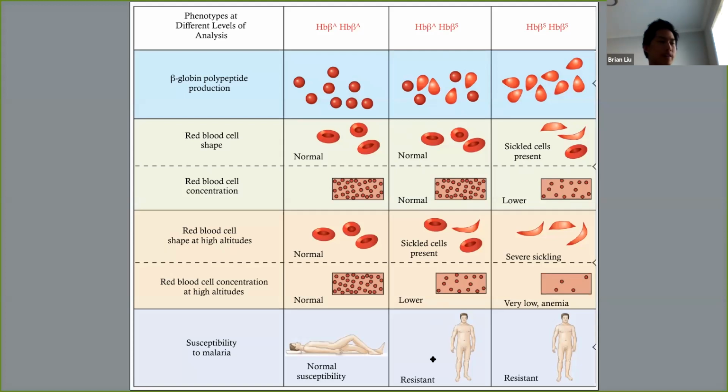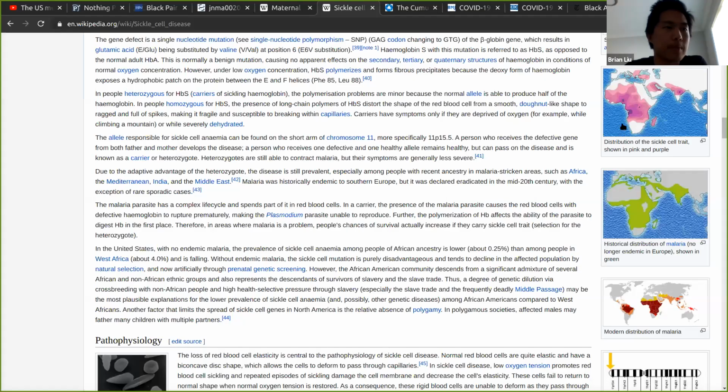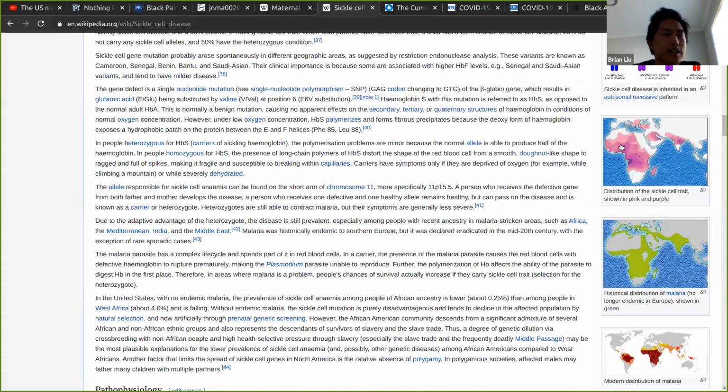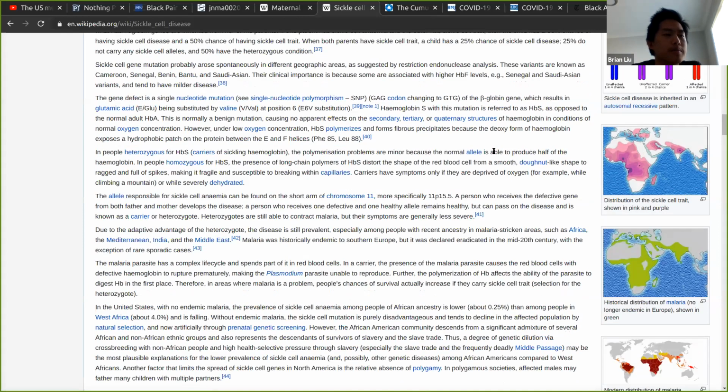So this can be thought of as an advantage for areas where malaria is endemic. If we look back at the map, malaria is pretty endemic in these areas, and sickle cell anemia is also quite prevalent in these areas.